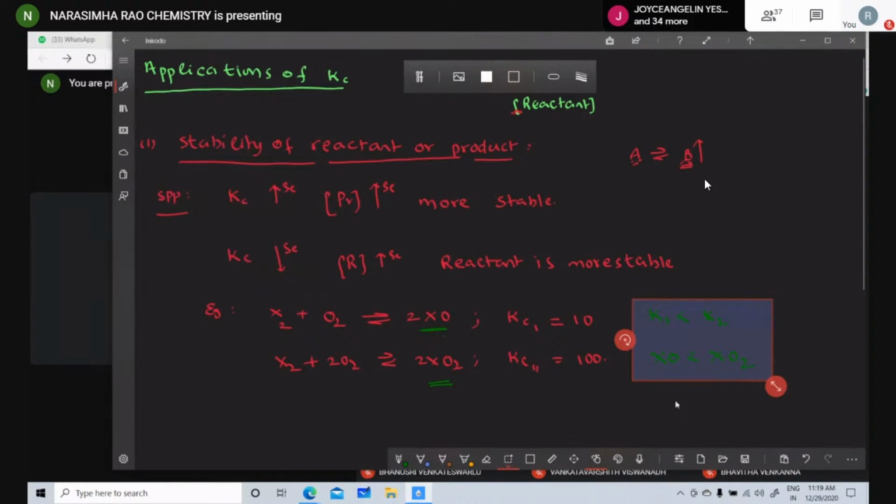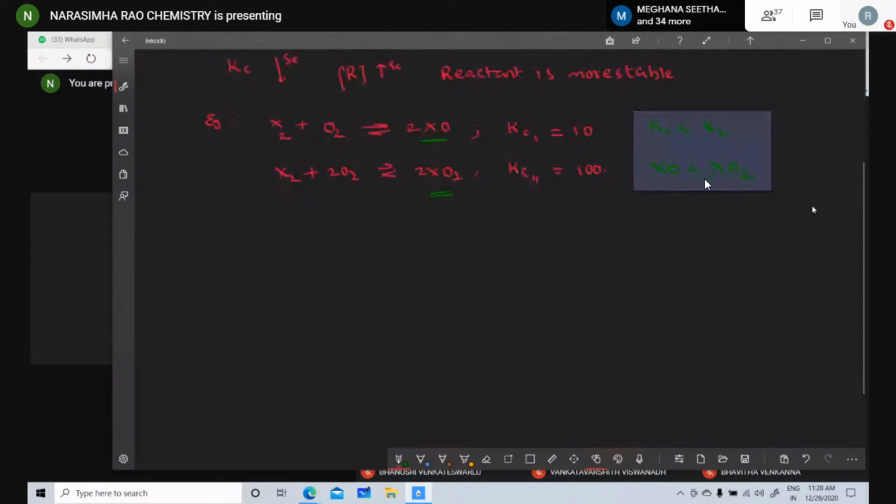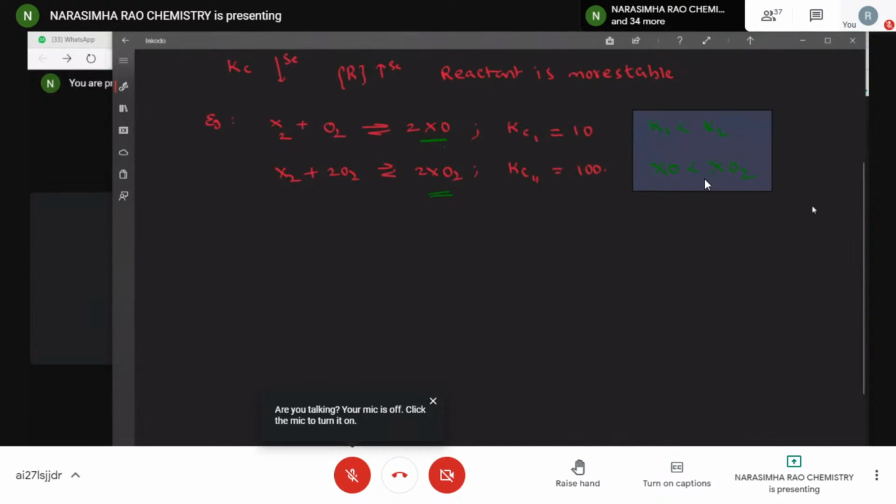So I am giving one more question for this, children. You have to give the answer. Now, which oxide of nitrogen is more stable?